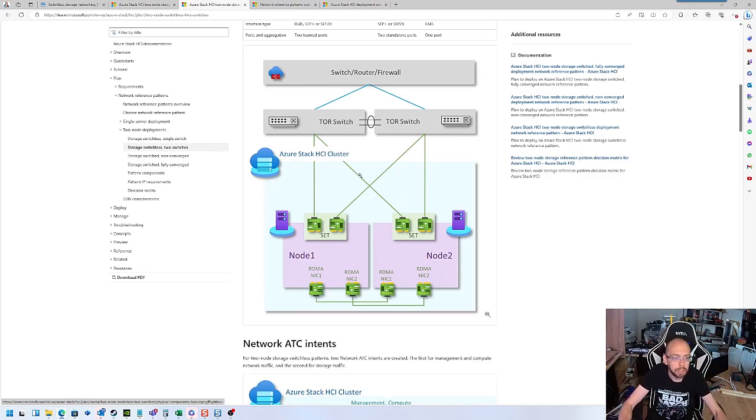The most common smaller deployment we're seeing is the switchless mode. Switchless mode means only your compute and management is connected to the ToR switches. The network interfaces for storage, for software, and sometimes also live migration are connected directly via daisy chain.